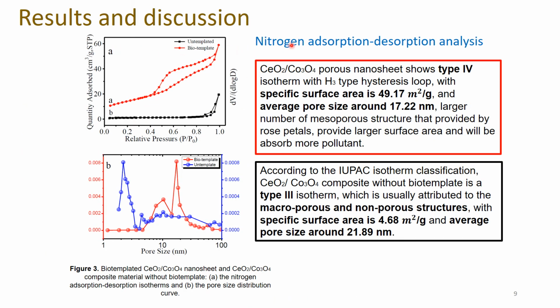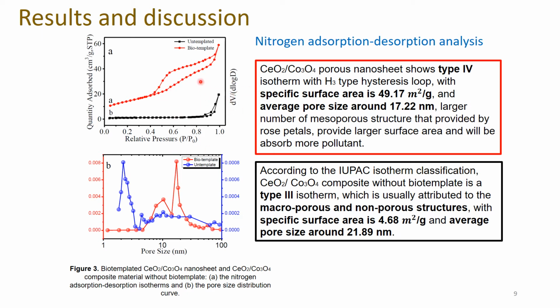And this is the nitrogen adsorption and desorption analysis. We can see that the biotemplate sample has a type 4 curve, and the untemplated one, the black one, has a type 3 curve.